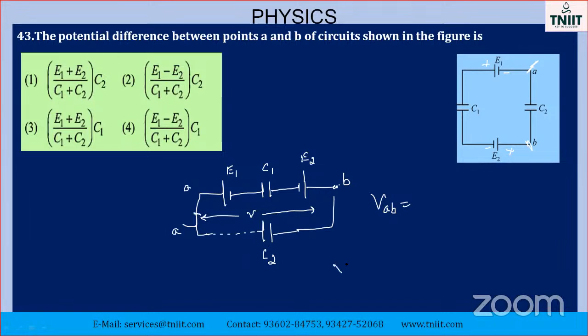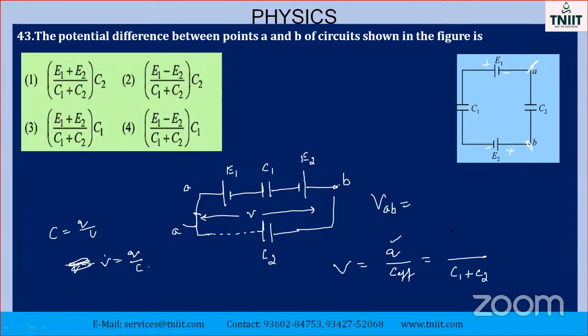If you want to find the potential difference, you can use the formula C is equal to Q by V. So V is equal to Q divided by C. So charge divided by the C effective. So what is C effective? C1 plus C2. Capacitors are connected in parallel over here.